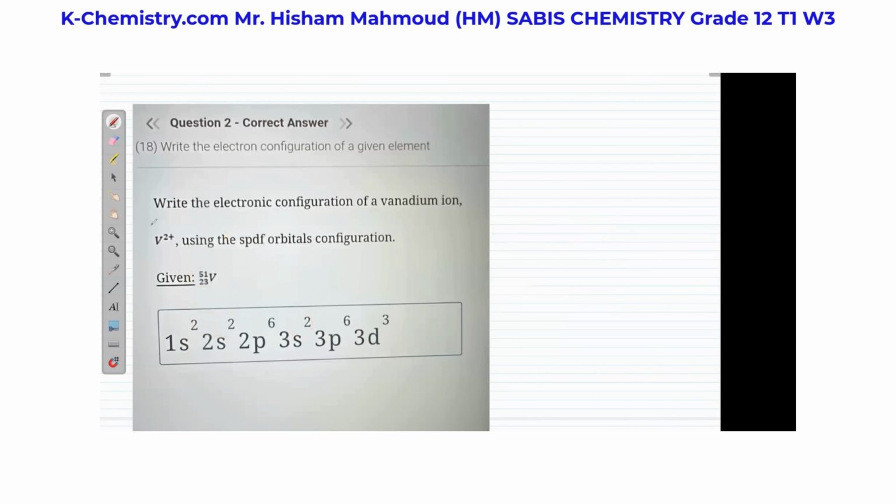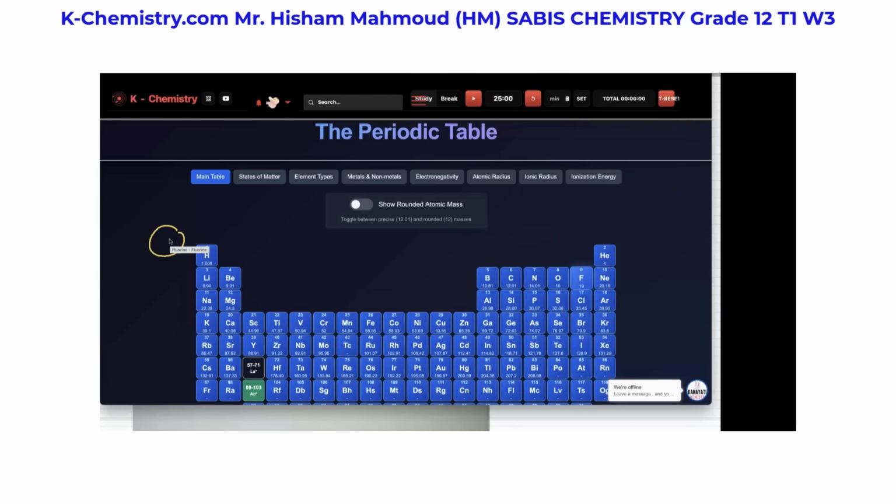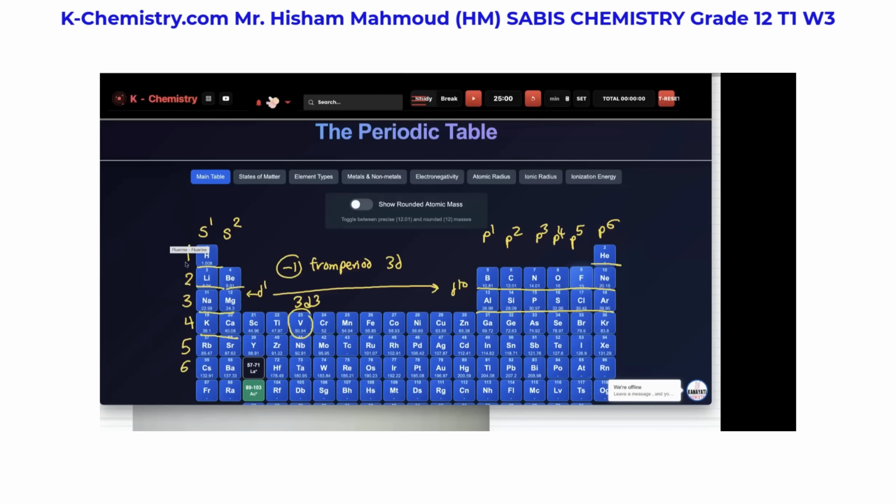That's the configuration for vanadium. And when you lose 2 electrons, you will lose them from the S. That's why last time we said for the transition metals, it's better to write the 3d before the 4s.